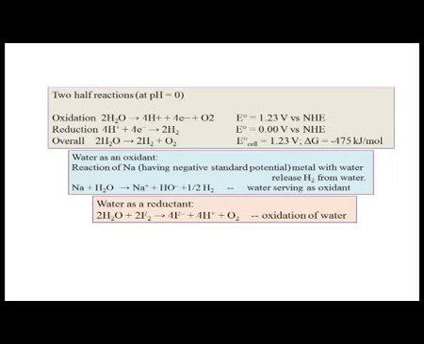With respect to that scale, we consider where water stands for this particular reaction against the hydrogen electrode. It is 1.23 volt versus NHE, which is quite high on this scale.